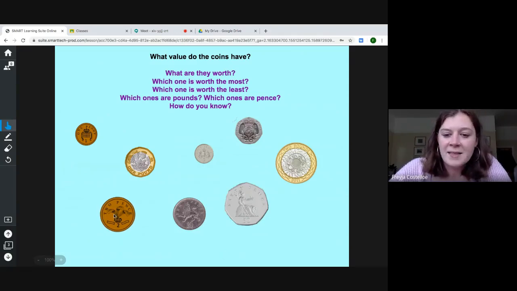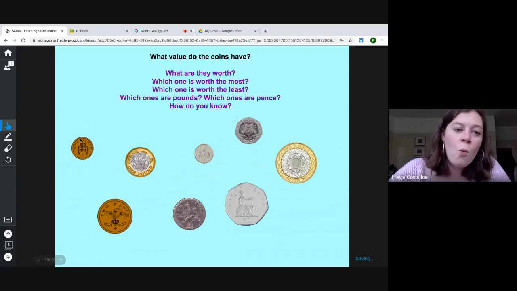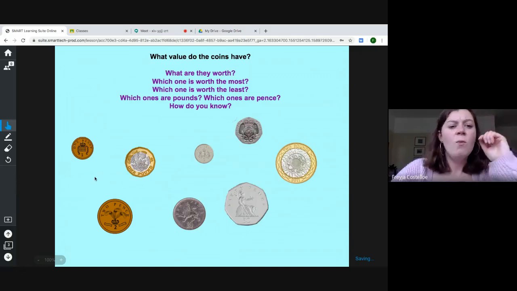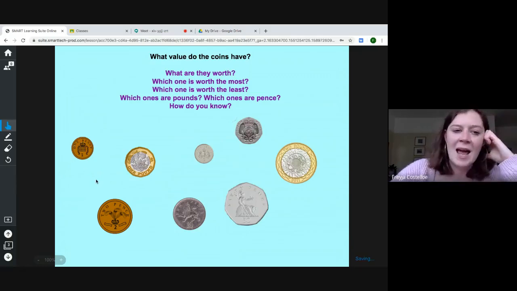So this 2 pence is 2p. Okay, that means it's worth 2 pennies. Now here, I've got 1 penny. Now, what do you notice about the 1 penny and the 2 pence? They're the same colour, aren't they? They look quite similar. They've got some differences.